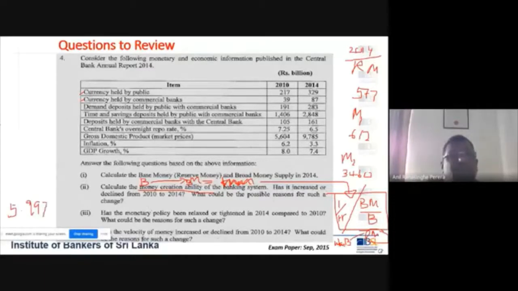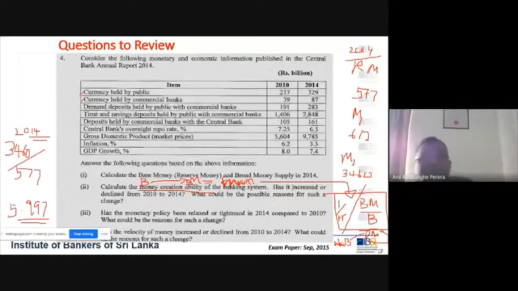You divide 3460 by 577. So this is the multiplier for 2014. Now you get some marks, but to get full marks, you have to answer the question in full. What is the other part? Has it increased or decreased from 2010 to 2014? What do you say?